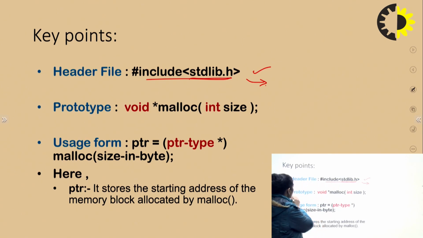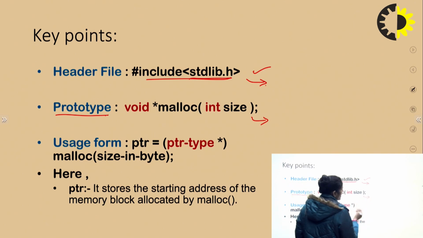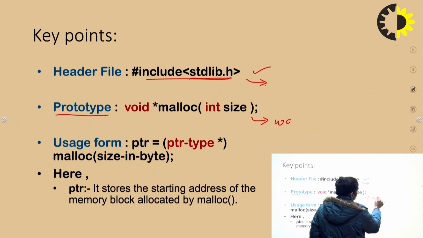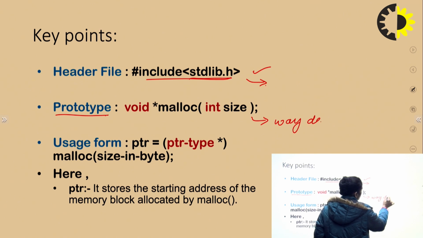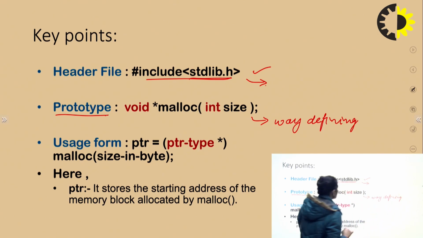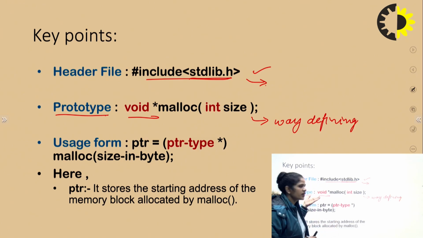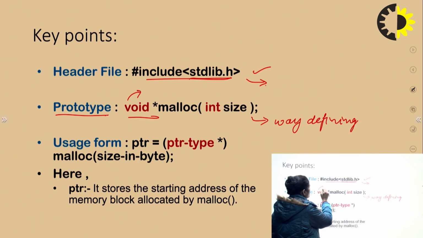Next, we have a prototype. Prototype is nothing but a way of declaring, a way of defining, a way of designing, right? So how are we defining the malloc function? The way of defining will be instructed by the prototype given in the C language. So here we have the return type. What is the return type?